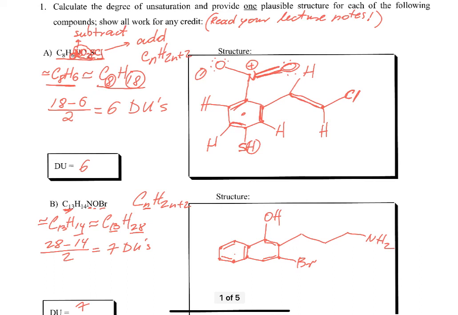I will verify that I have 13 carbon atoms, 2, 6, 7, 8, 9, 10, 11, 12, 13. I have 2 degrees of unsaturation for the ring, plus 3, 4, 5, 6, 7 for the pi bonds, and I have nitrogen, bromine, and oxygen, which gives me a plausible chemical structure for the unknown compound.